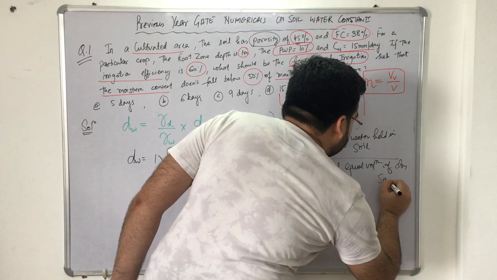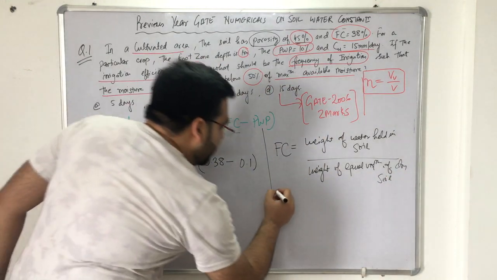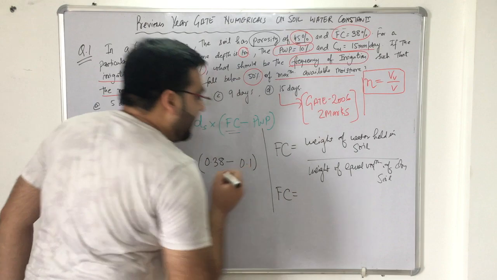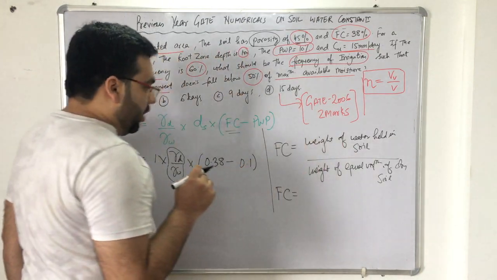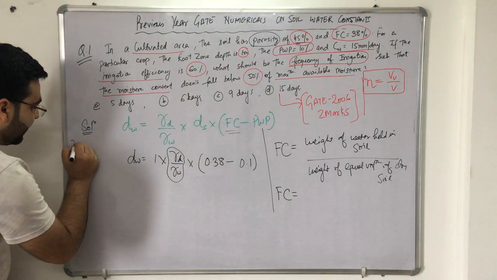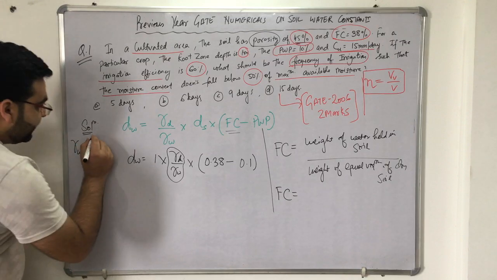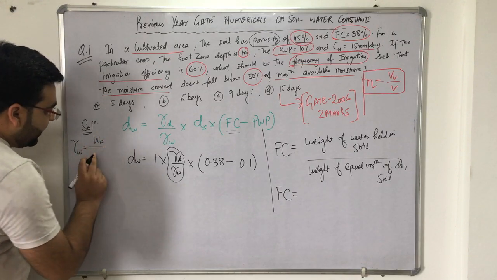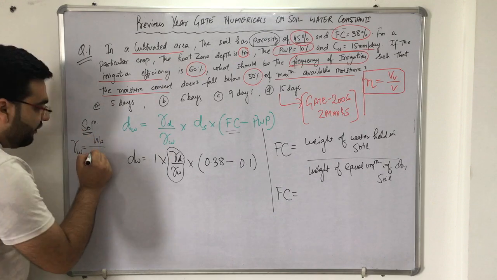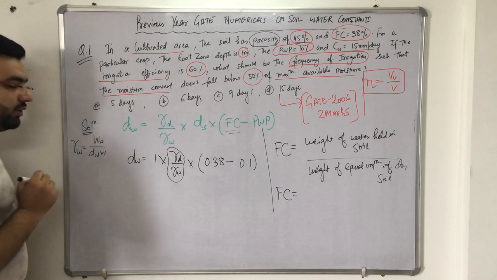This you know. Clear? Now can I write it like this, that field capacity, what will be the weight of water? Now you know that gamma W is the weight of water. When I derived the formula, I wrote it as dW into 1, right?